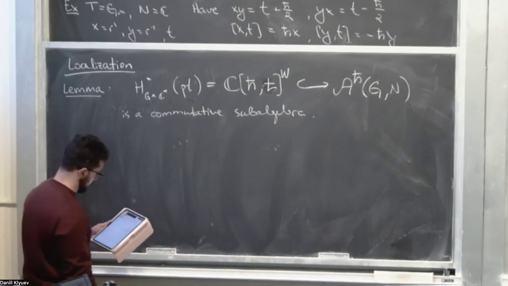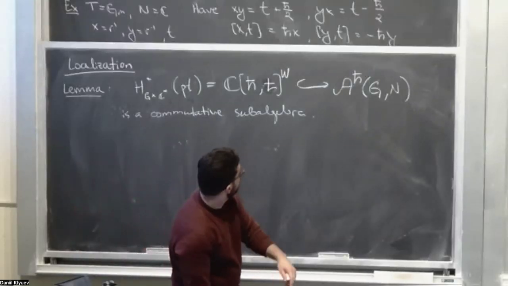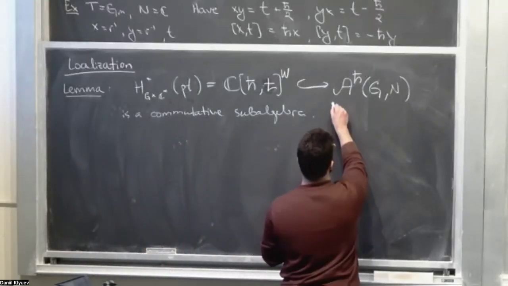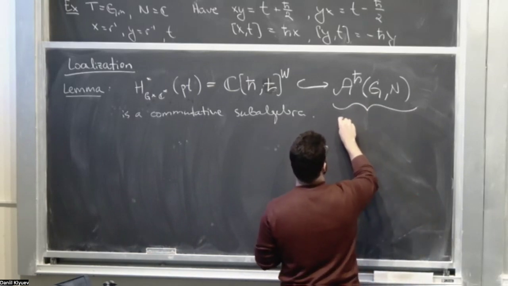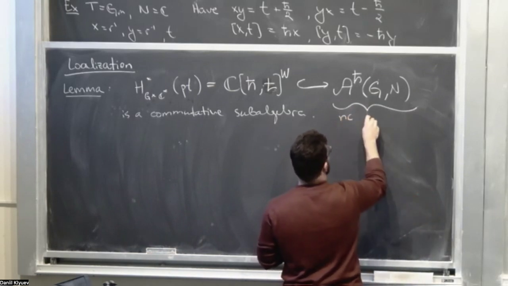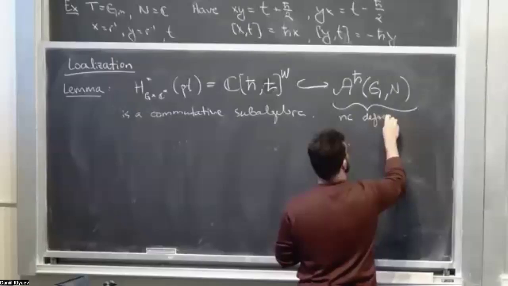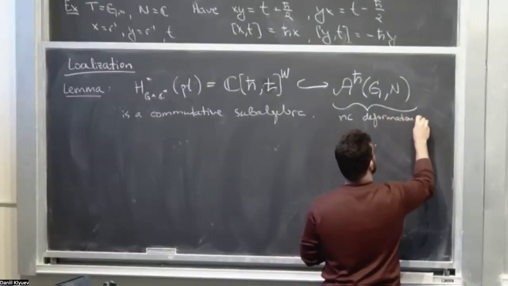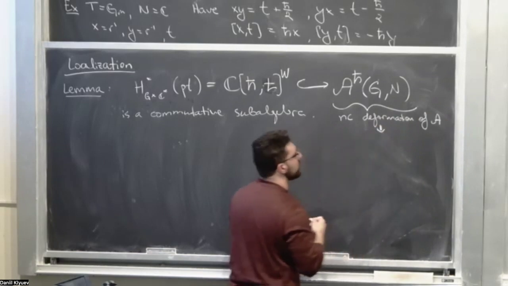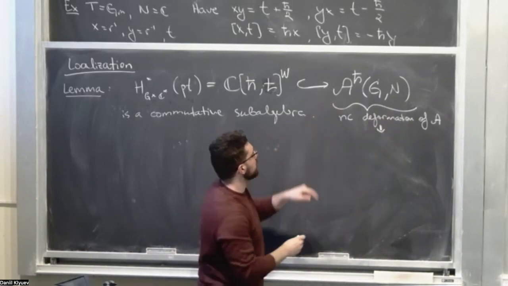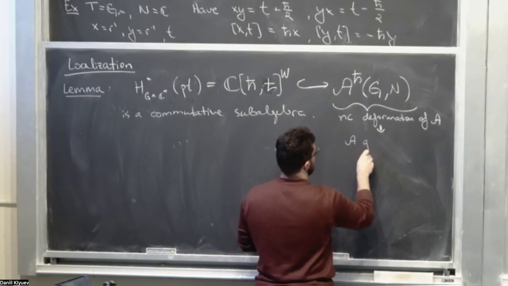But the point about this is that A_H-bar is a non-commutative deformation of A. Therefore, when you take the first order part of the product in A_H-bar, A gets a Poisson bracket.